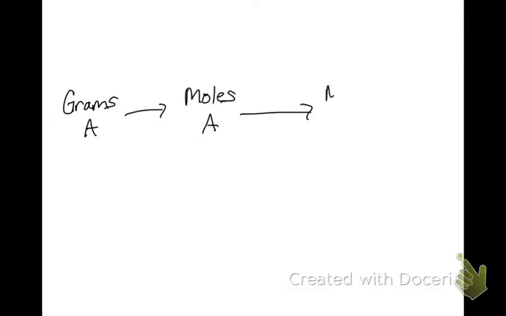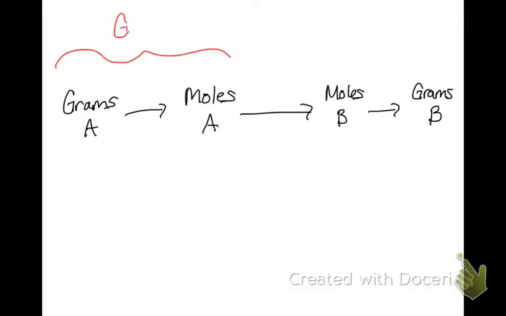I'm going to either give you grams of something, so grams of A, or I will give you moles of A. And I will ask you to find moles of B, or I will ask you to find grams of B. So you will either be given grams or moles of something, and we call that something your A, and you're going to be asked to find grams or moles of something else, and that's what you want, so we call that our B.